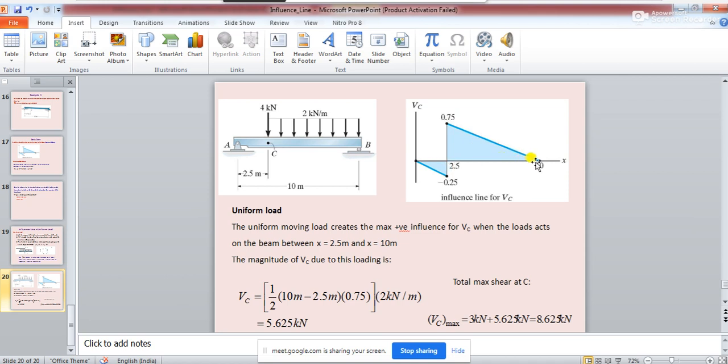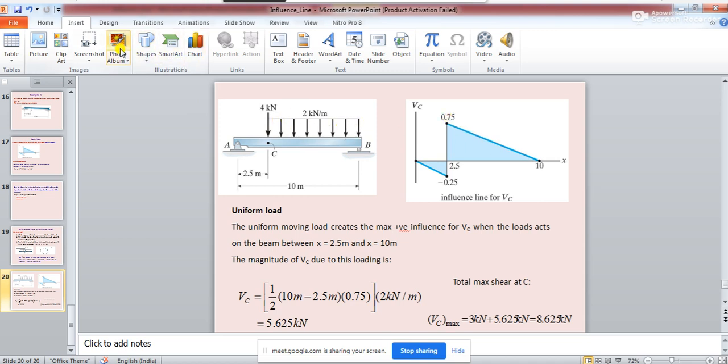From here to here the length is 7.5, so if this load is placed over here, we'll have to calculate the area of this influence line diagram multiplied by the intensity of the load.